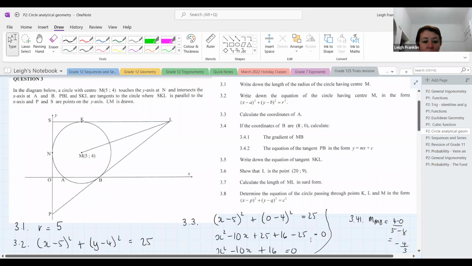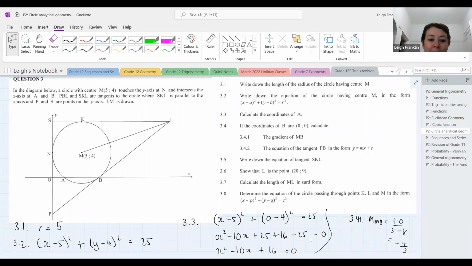All right, next question. Write down the equation of tangent SKL. Okay, so the equation of tangent SKL.